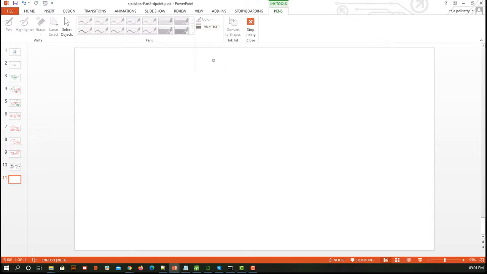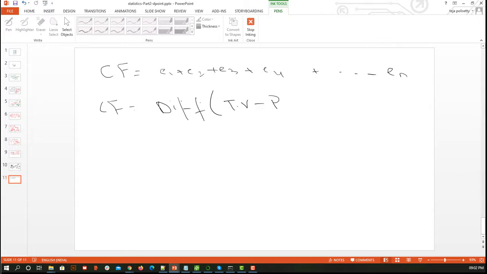Before implementing, I just want to show you one small concept. My cost function is for all the inputs that are undergoing training, so in layman's terms it can be error 1 plus error 2 plus error 3 plus error 4 plus the error of the nth attribute as well. The cost function is nothing but the difference of the actual, or true, value minus the predicted value.